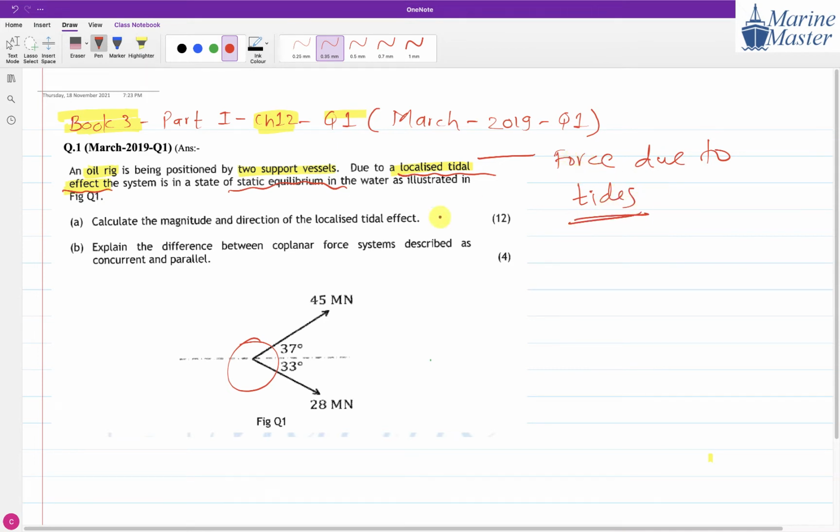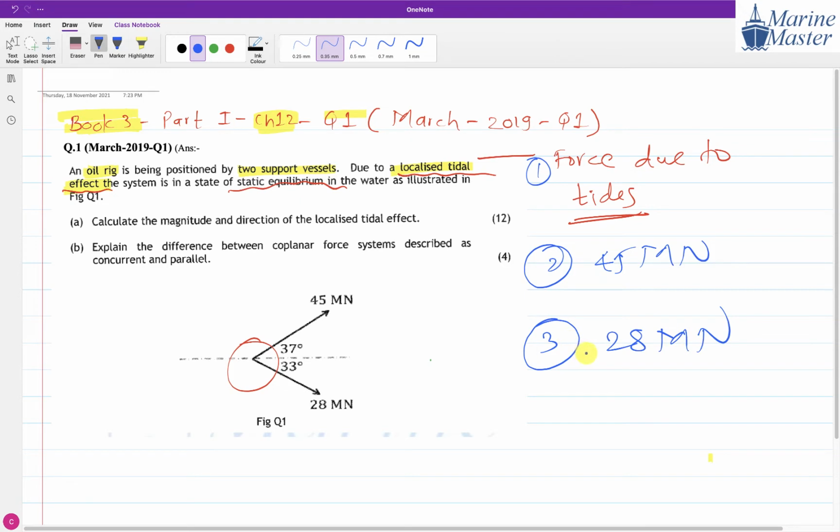So now, on this oil rig, how many forces are acting? First is the force due to tide. Second force is 45 meganewton, and third force is 28 meganewton.